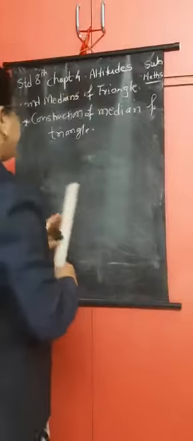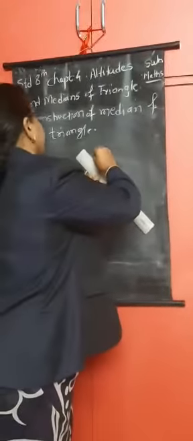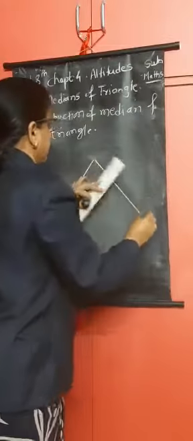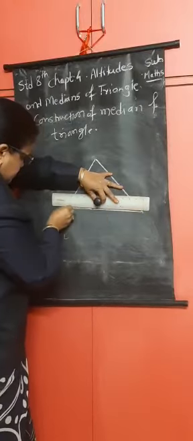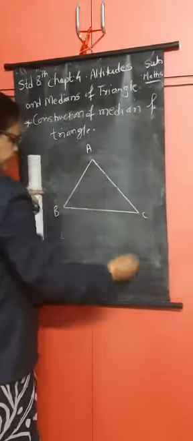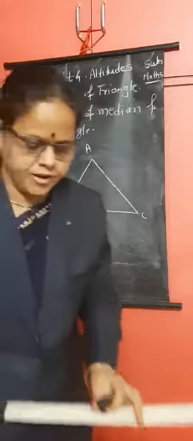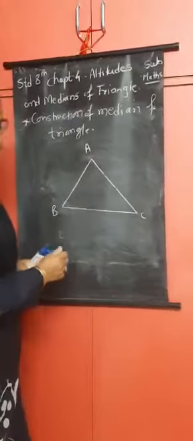So we take any triangle ABC. We draw the median of the triangle. Before construction, we see some points.